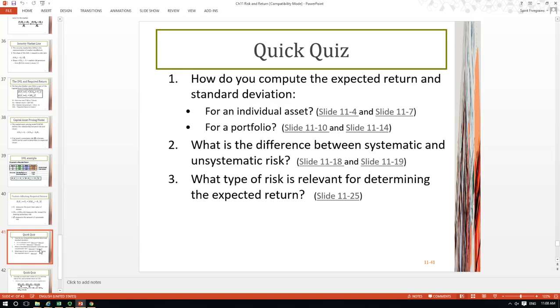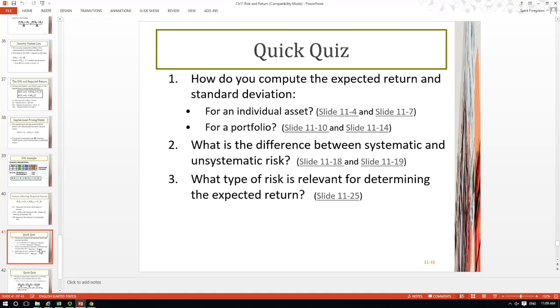And here are more quiz questions that you can ask yourself. How do you compute expected return and standard deviation? Second, what's the difference between systematic risk and unsystematic risk? And third one, what type of risk is relevant for determining the expected return? Right?